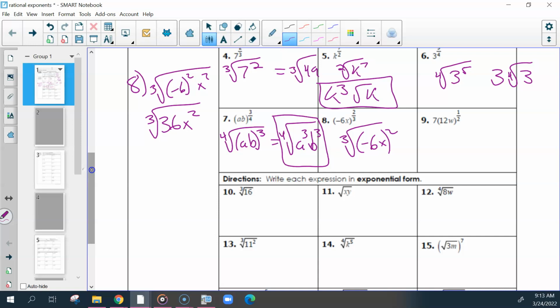But 9 wouldn't be divided by 3, so it can't come out. If it was a square root, then yes. But because it's a cube root, no.